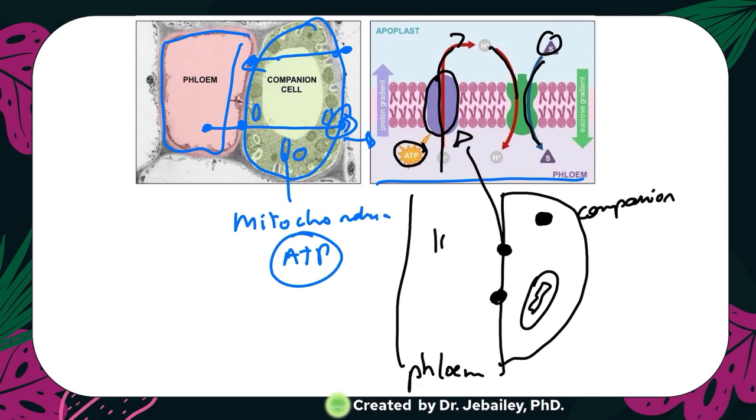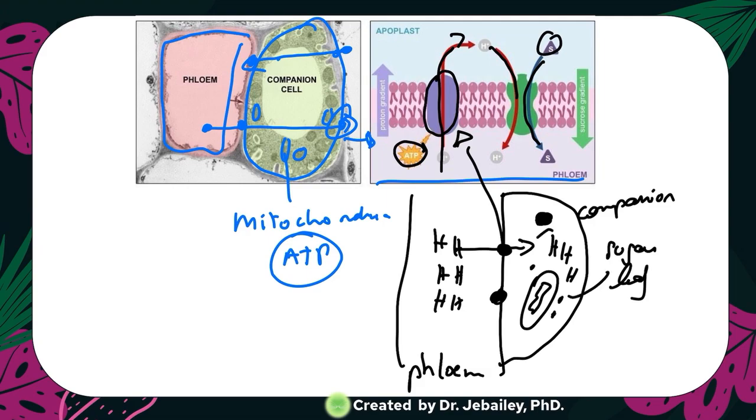So what happens is you have hydrogens, or we're going to say protons, found in the phloem by themselves. They move into the companion cells. And when they're in the companion cells, and you have, for example, the sugar coming from the leaf into the companion cells right here, both hydrogen and the sugar move back into the phloem.